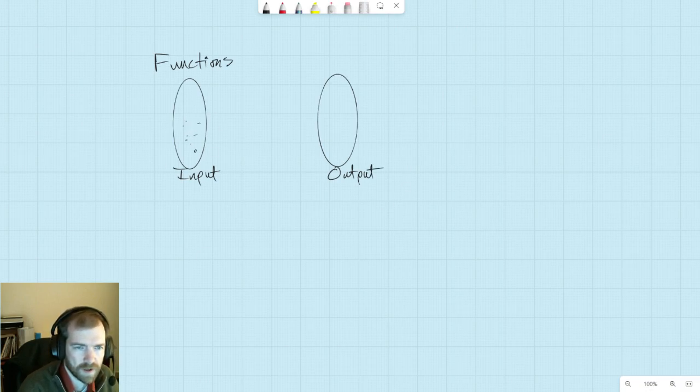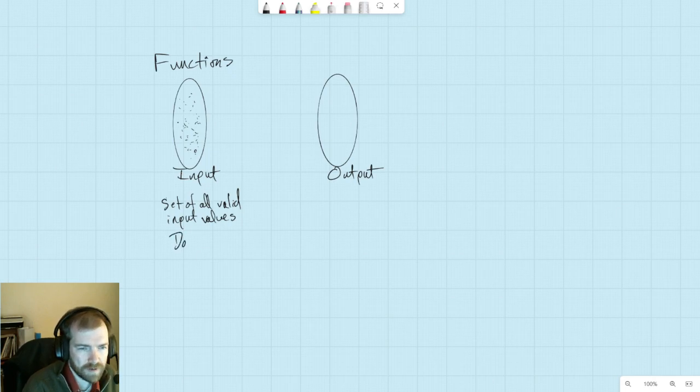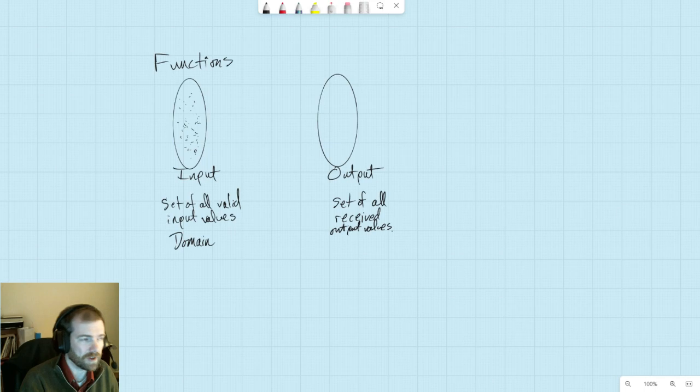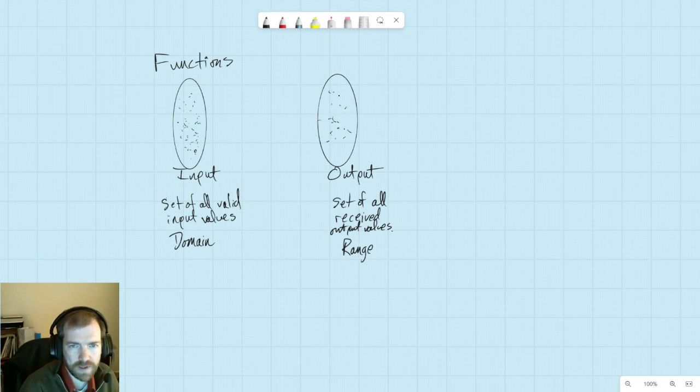If you want to talk about the set of all valid input values, that is going to be our domain. And the set of all received output values, the ones that you actually get, is going to be a range. So again, you got all these range values that are in the output set look like this. Now granted, if you're not actually going to get those particular values, why would they be in the output set? Well, they wouldn't be technically in the output set, but nonetheless.